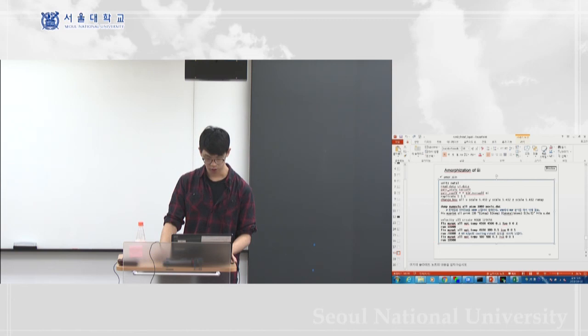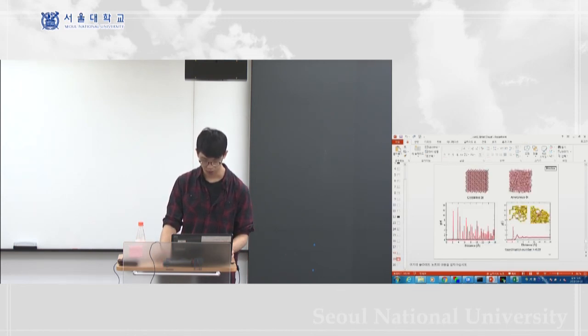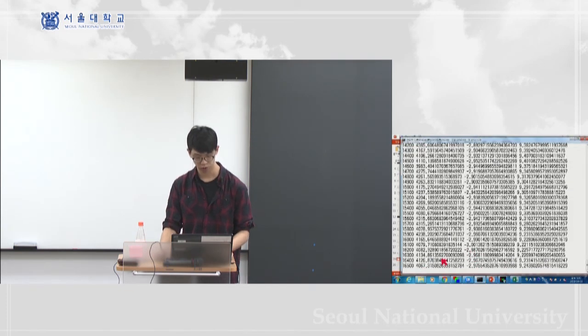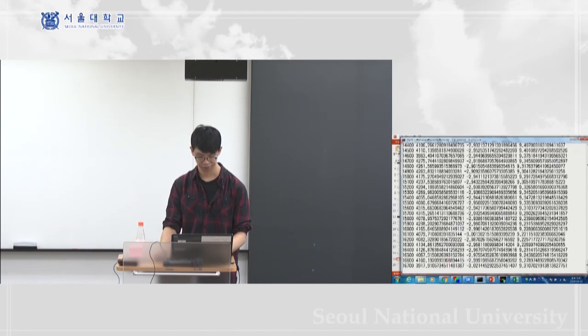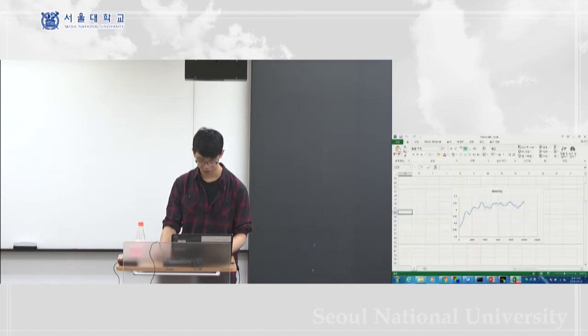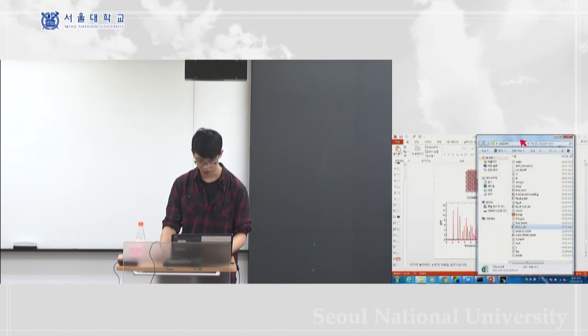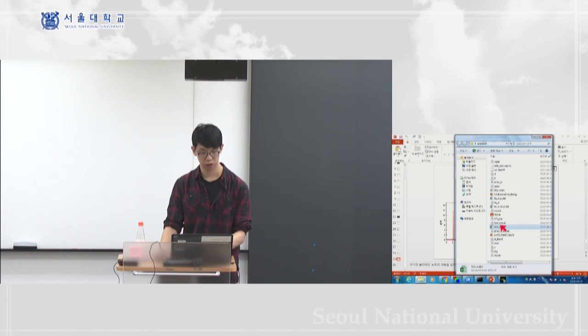And then we have to equilibrate this structure at 300 Kelvin for 10 picoseconds, and you get the amorphous structure, which is going to be like this. And the simulation is still going. So I'm just gonna use the file that I just brought.